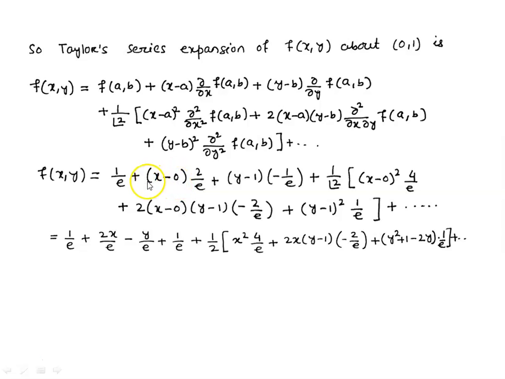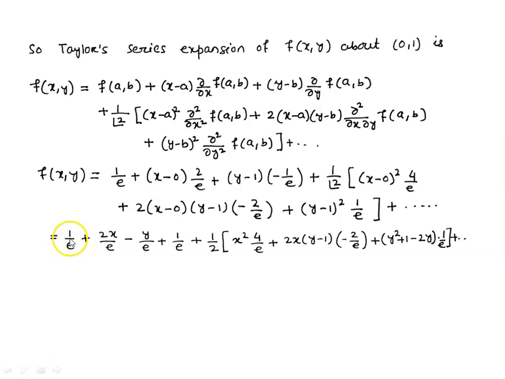Our a is 0, so plus (x−0) times ∂f/∂x at (0,1), which is 2 divided by e, plus (y−b), that is b is 1, so (y−1) times ∂f/∂y at (0,1), which is −1 by e. So we have replaced all those partial derivatives. At the point (0, 1), we have this expression for f(x,y).